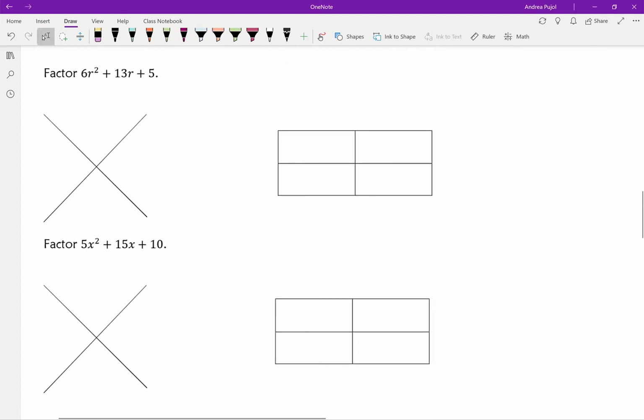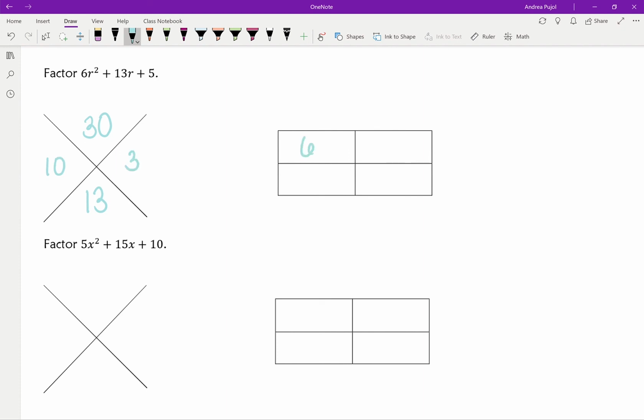If we keep going with a couple more examples, I'm looking at my greatest common factor. It doesn't exist here because 6, 13, and 5 don't have anything in common, so instead I'm going to use a times c, which is 30, and 13 on the bottom. So two numbers that multiply to give me 30 but add to give me 13 would be 10 and 3.